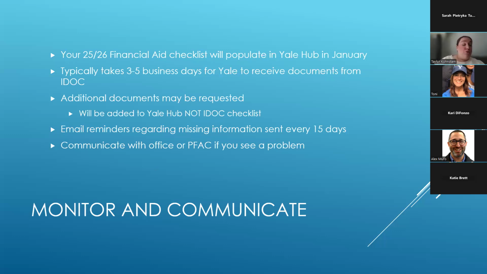We're happy to do a deep dive into what you submitted and make any adjustments necessary. Or if we need to have you upload again, we can tell you that as well. Just make sure to monitor your checklist and call us if you have any questions.